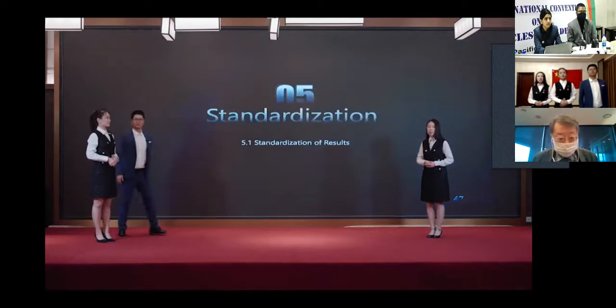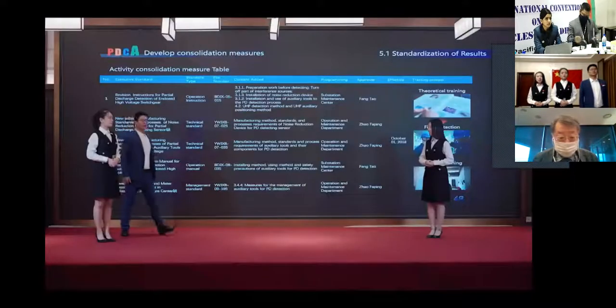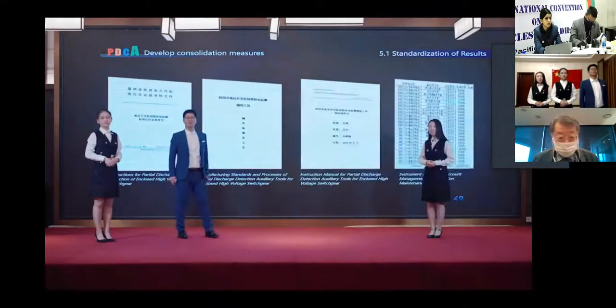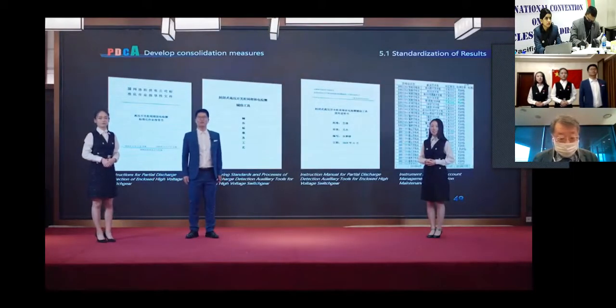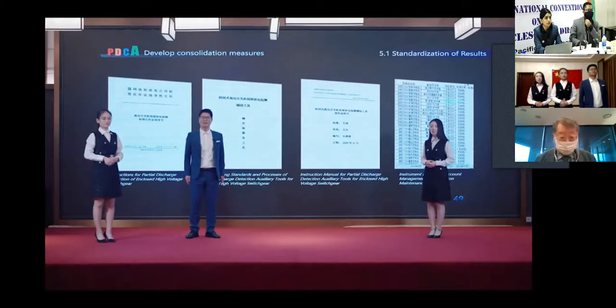In the 5th part, we standardized the effective countermeasures in October 2018. We revised the enclosed high voltage switchgear partial discharge detection operation guide and compiled the production standards, processing technology, and instruction of the detection auxiliary tool and sensor silencer.